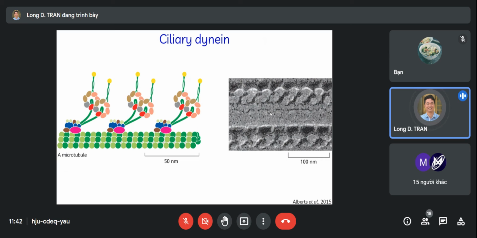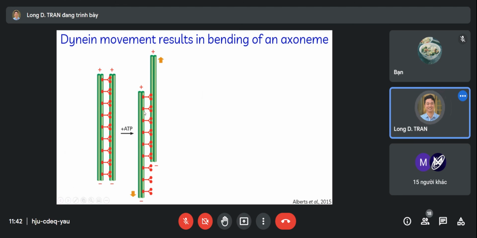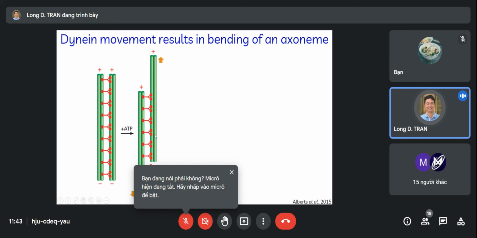The ciliary dynein can have 3 heads and sometimes 2 heads. It's attached to the A tube, and then it interacts with the B tube. When the dynein moves on the microtubule, it will slide the microtubule.